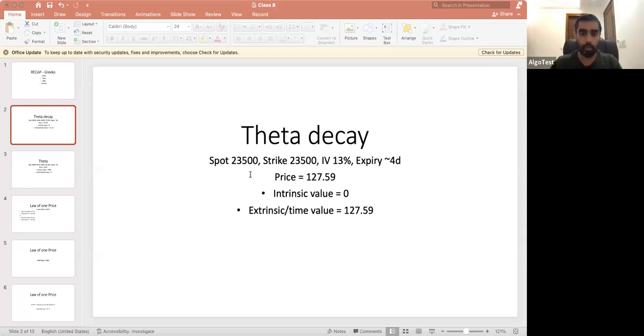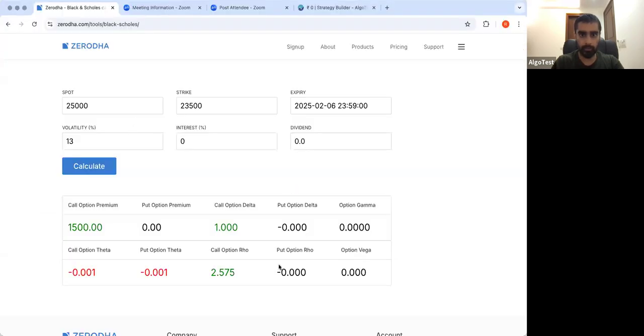I'll just show it in the Black-Scholes calculator as well. ठीक है, तो यहाँ पे let's say 23,500 मेरा था, interest dividend मैंने 0 कर दिया, and let's do calculate.